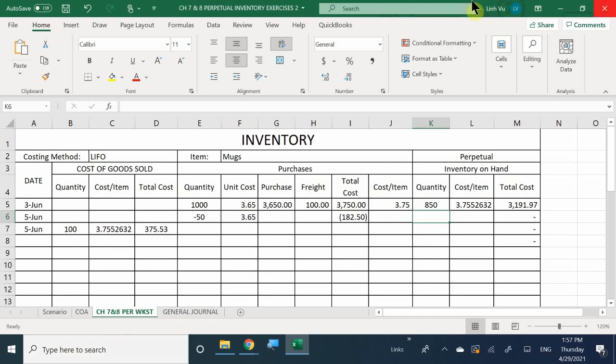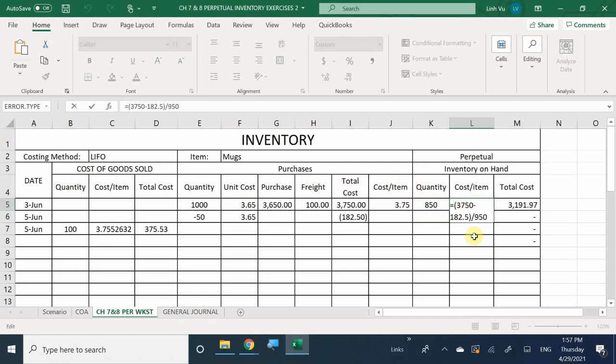Okay, it's because you self-referenced it. Because I typed in my formula. I typed in 950. Okay, so the formula there should be right now 850. No, it should say 950 because that's what you have goods available.